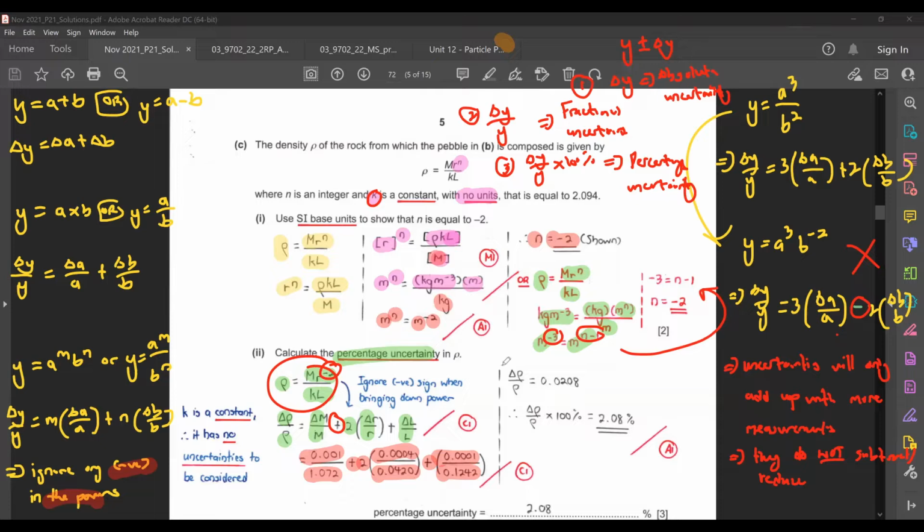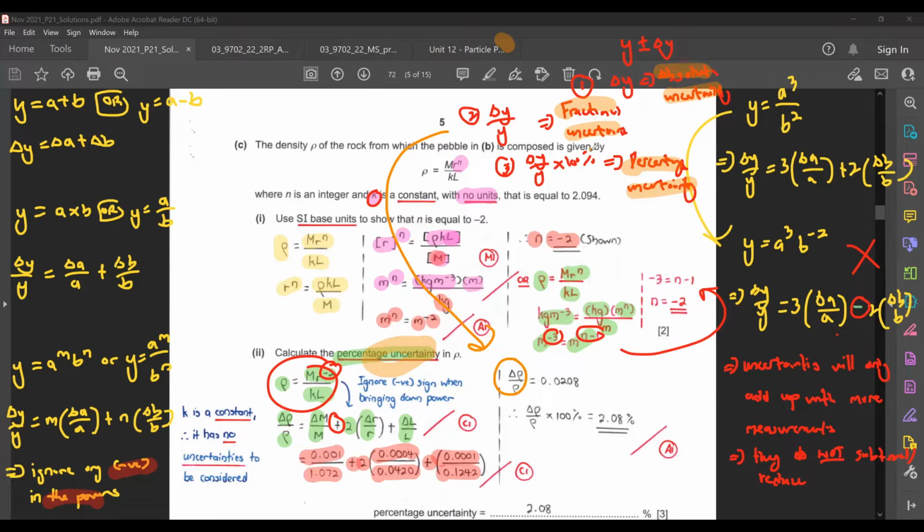Just be careful about what the question wants. Do they want absolute or fractional or percentage uncertainty? In your case, you're asked for percentage uncertainty. So please make sure you give your values in percentage uncertainty. What you have here just now is just fractional uncertainty.